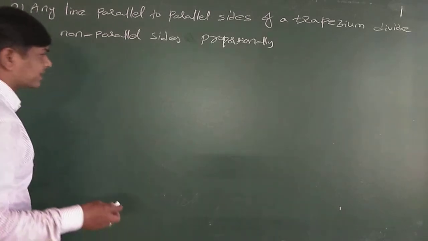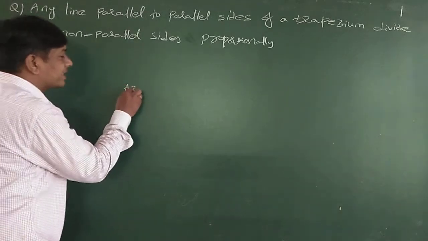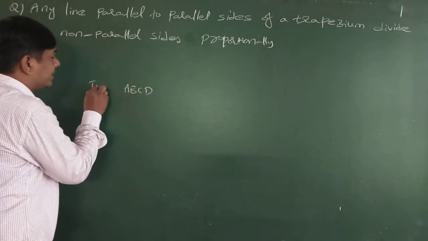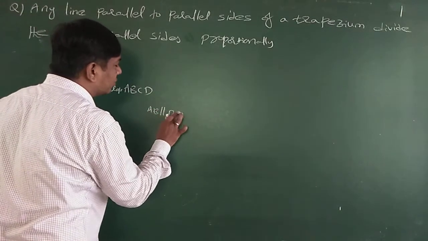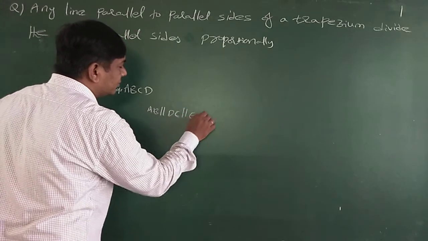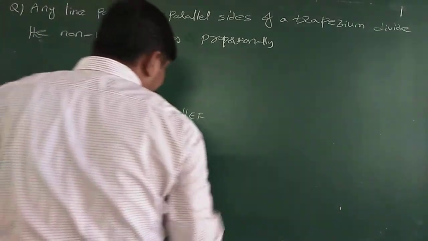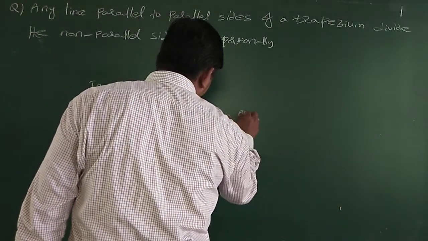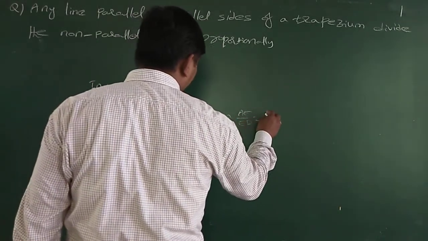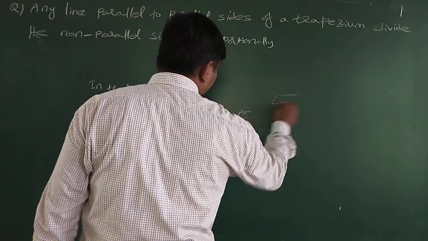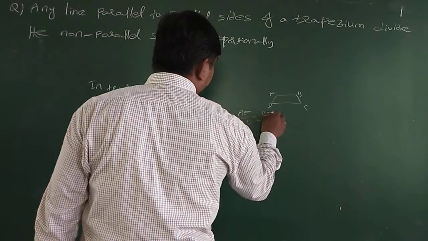Sometimes they may give it like this. In a trapezium ABCD, AB parallel to DC is parallel to EF, then AE by EB is equal to BF by FC.